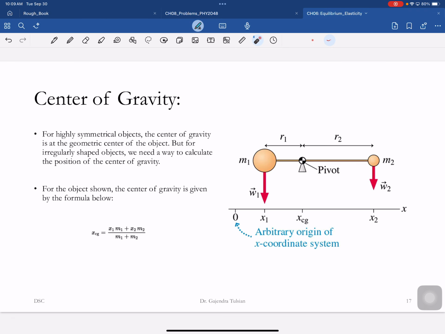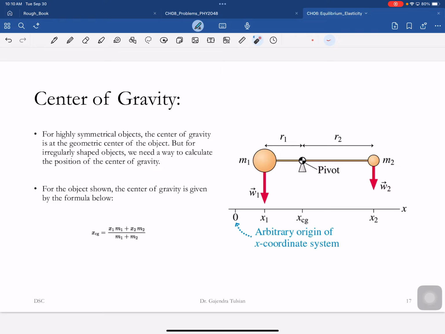All right, so this shows you, for an object like this, how to calculate the center of gravity. For this object, the center of gravity is there. The way you calculate it is, for this mass, the x-coordinate of the center of gravity was there, so x1 times m1.